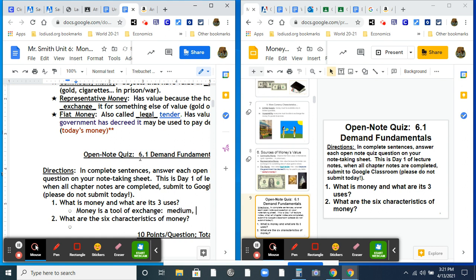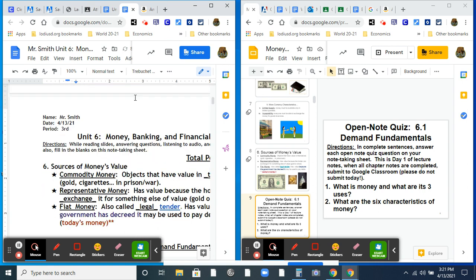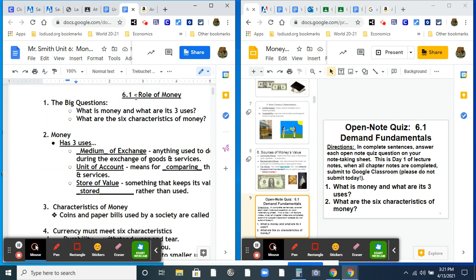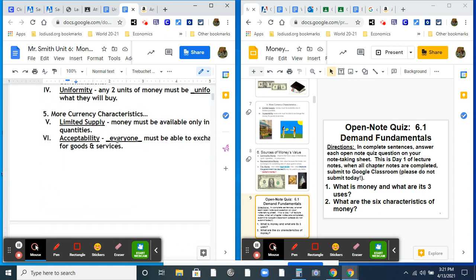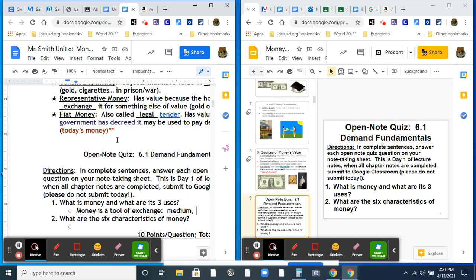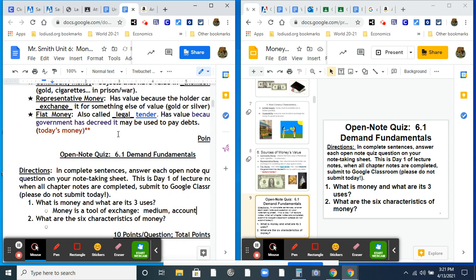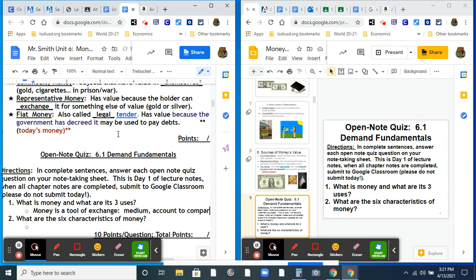It's a medium, to count, to compare value.